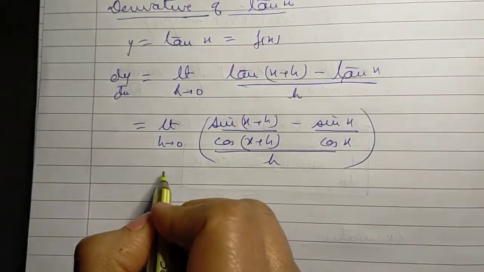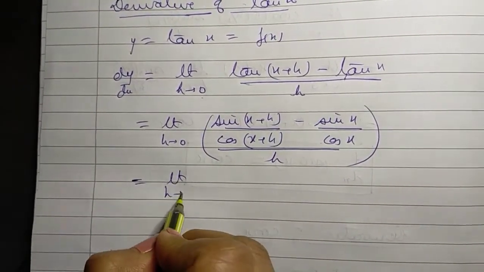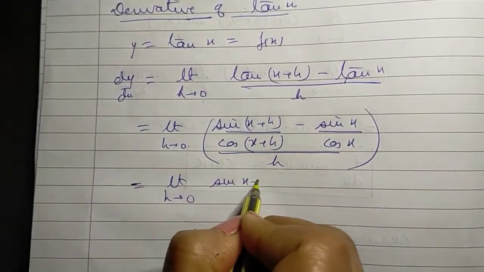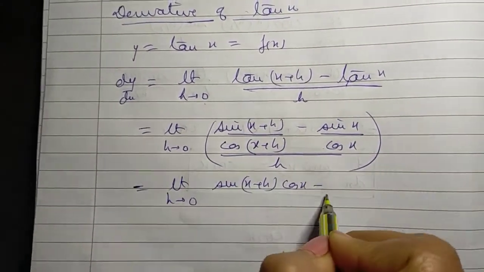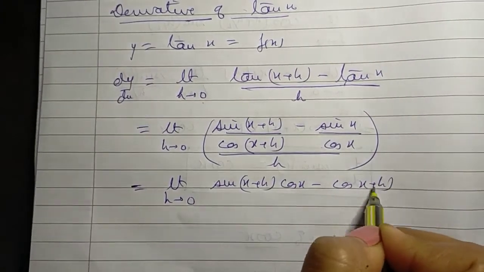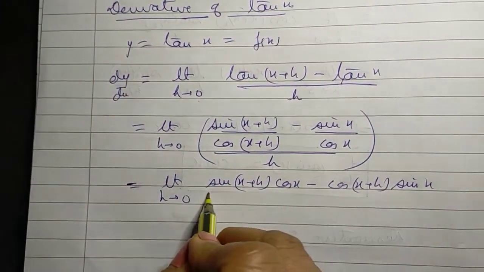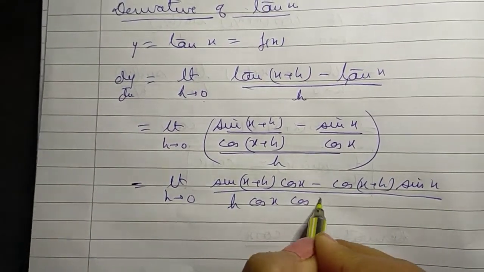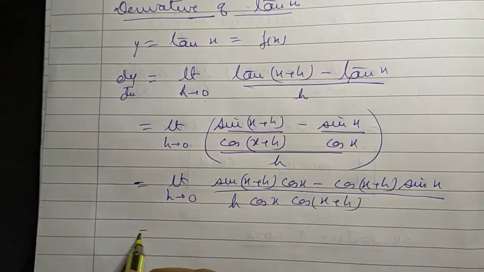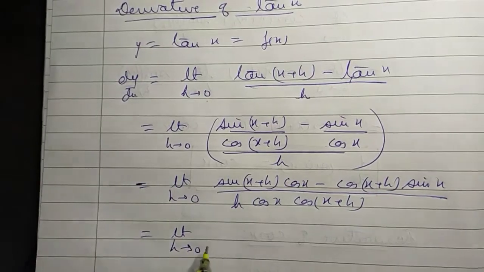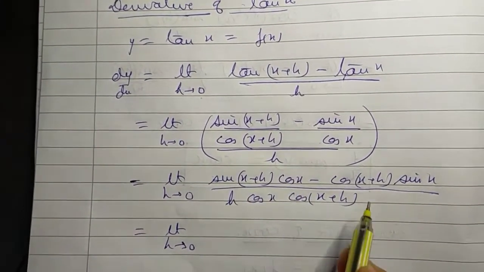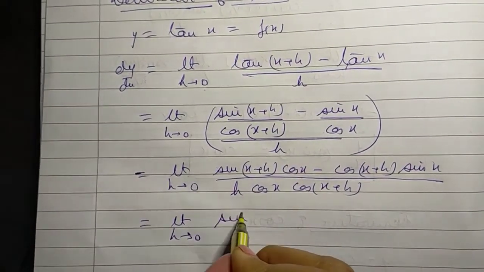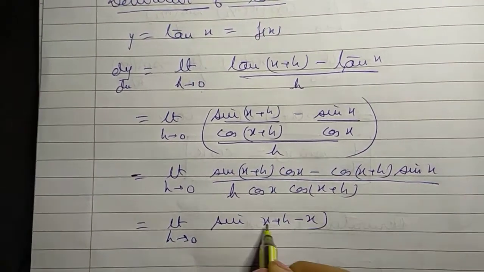Now taking the LCM, we get limit h tending to 0, sin(x plus h) cos x minus cos(x plus h) sin x, whole upon h times cos x cos(x plus h). Now this is another identity, sin a cos b minus cos a sin b is equal to sin of (a minus b).